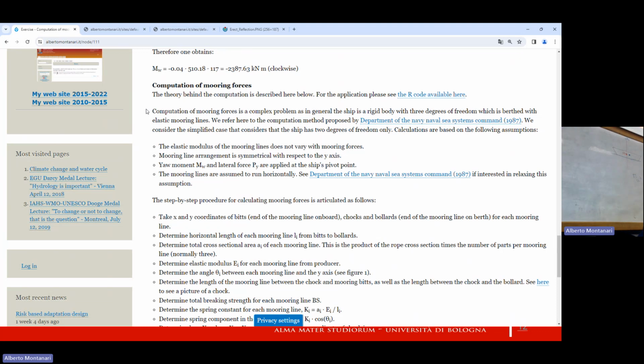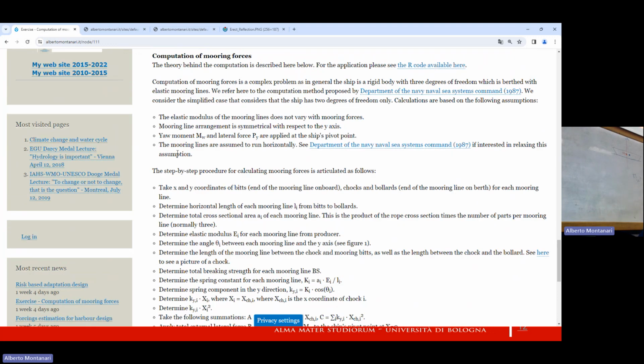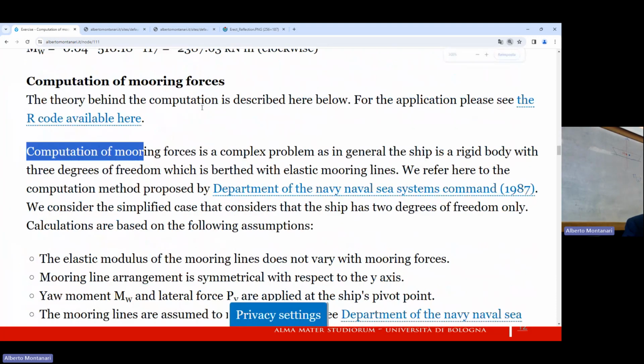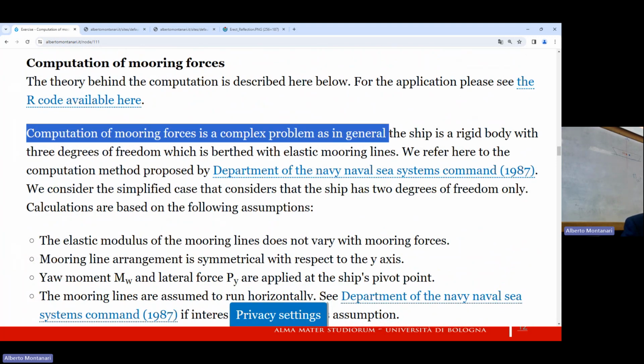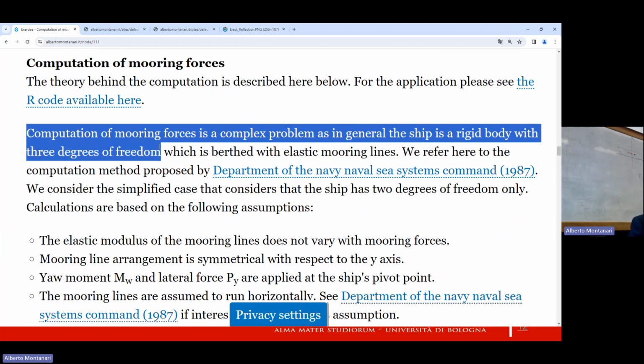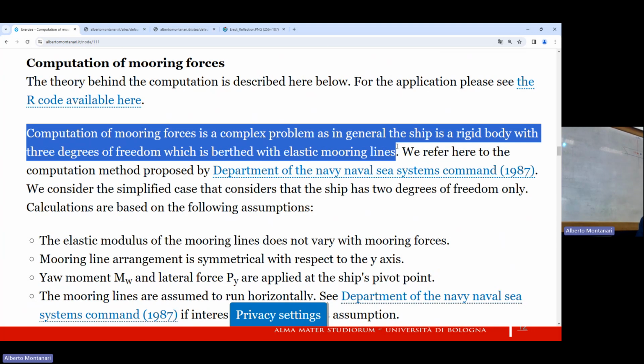And then we can apply them with the R code, okay? So let's read here. Computation, let me expand a little bit. Computation of mooring forces is a complex problem, as in general the ship is a rigid body with 3 degrees of freedom, which is berthed with elastic mooring lines.